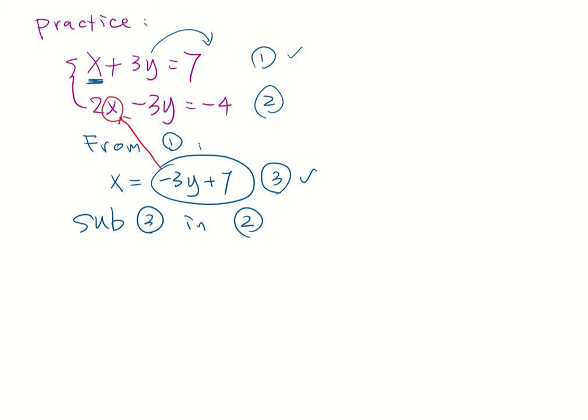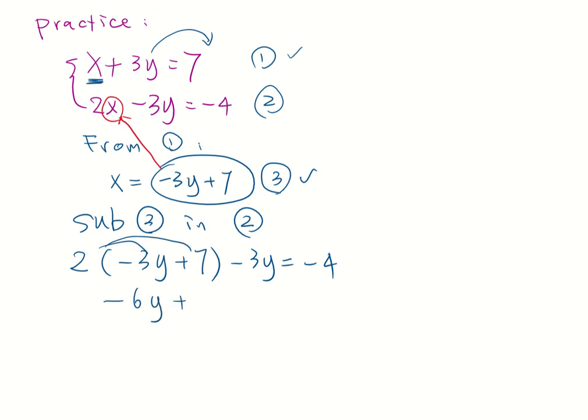So I will have 2, instead of x, I'm having -3y plus 7, minus 3y equals -4. Now to solve for y, distribute, first step, -6y plus.